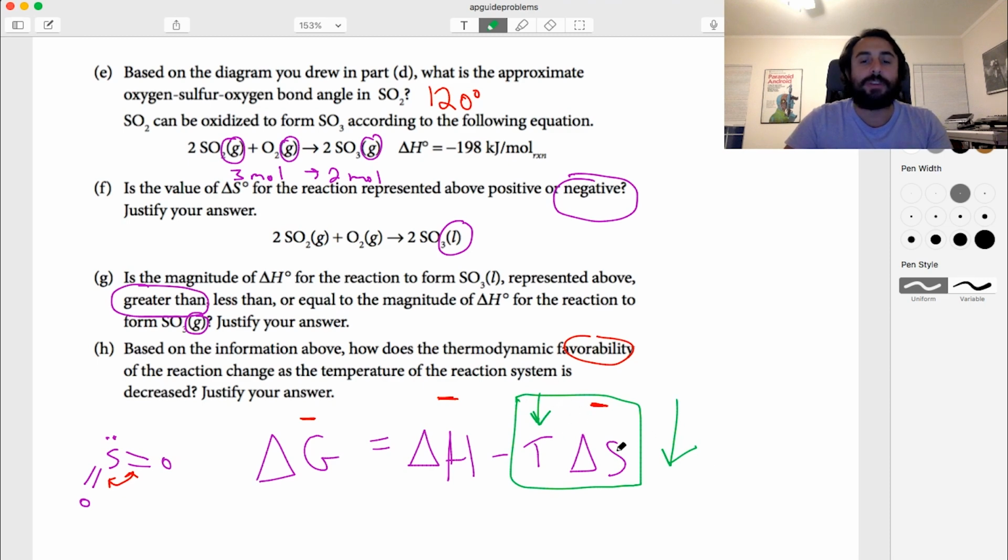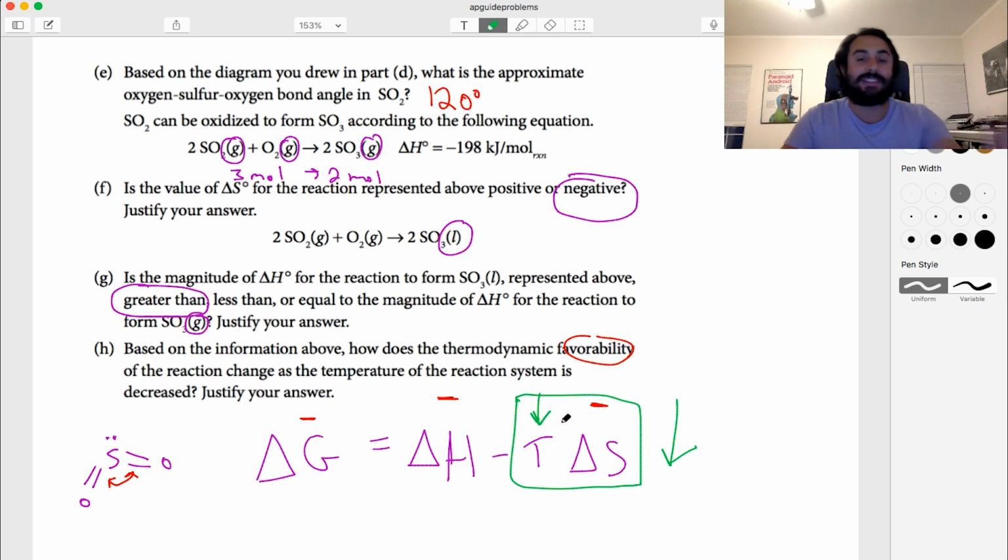And if this term is getting smaller and smaller, then the whole expression is getting more and more negative, right? If you have negative 10 minus negative 5, that would be negative 5. If you have minus negative 4, negative 3, negative 2, negative 1, we're staying closer and closer to that negative 10. In the limit of this becoming very close to 0, we stay at roughly where that delta H negative value would be.